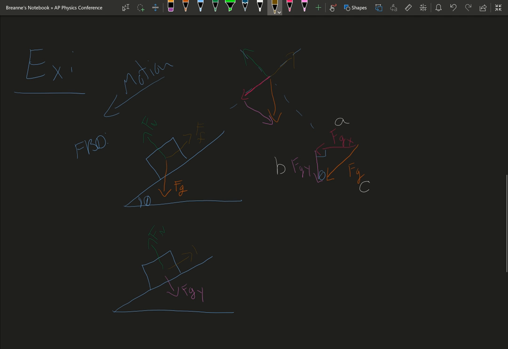Now draw a force of friction pointing up the ramp, and you have your force of gravity in the x pointing down the ramp. So what's making it move is your force of gravity in the x. Yes, force of gravity is making it go down, but it's not the full force of gravity because of the ramp. That's what we're using when we make our net force in the x and net force in the y.